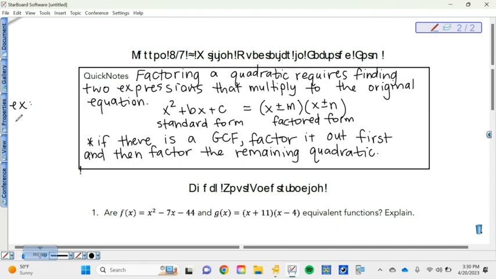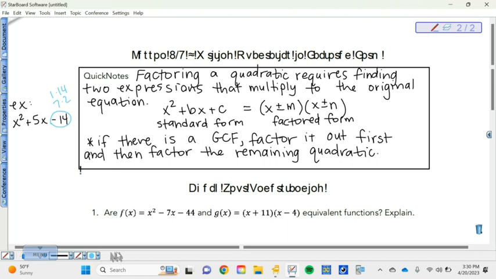So when I have something like this, my standard form quadratic, x squared plus 5x minus 14, my first step is to look at this last number and think what two numbers multiply together to get to 14? 7 and 2, and 1 and 14.